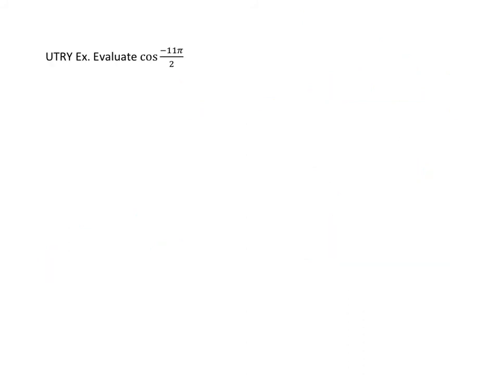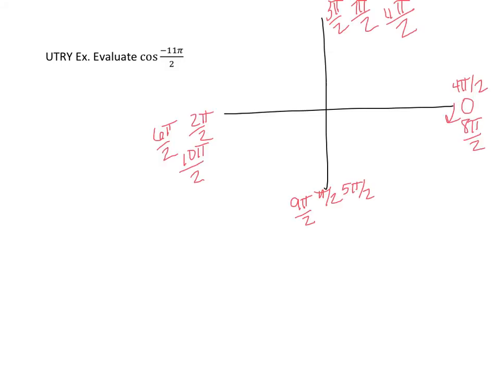Okay, now you try to find negative 11 pi over 2 and evaluate the cosine of that angle. Okay, so I know it's negative. I'm going to go clockwise. If I think of it in halves, here is 1/2 pi, 2/2 pi, 3/2 pi, 4/2, 5/2, 6, 7, 8, 9, 10, 11.